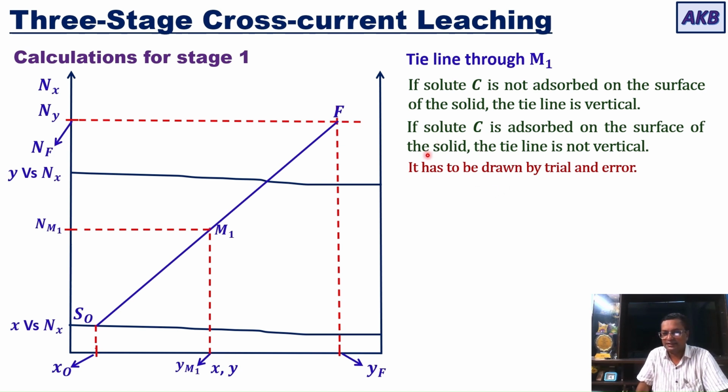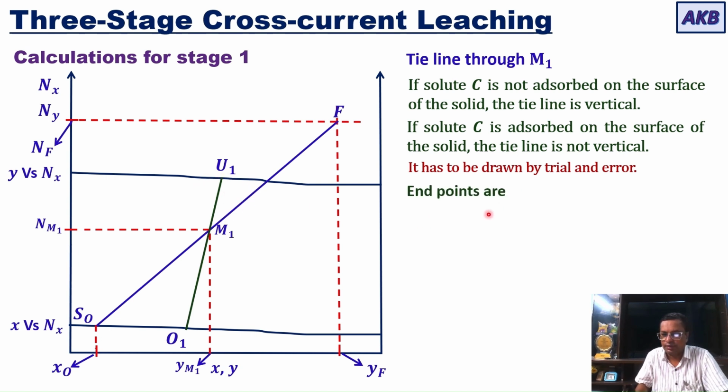Now let us consider the second case for drawing the tie line. I will have to draw the required tie line by trial and error. This green line is my desired tie line that passes through M1. The end points of this tie line are O1, the lower end point, and U1, the upper end point.